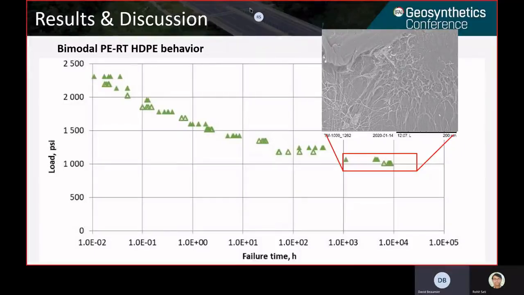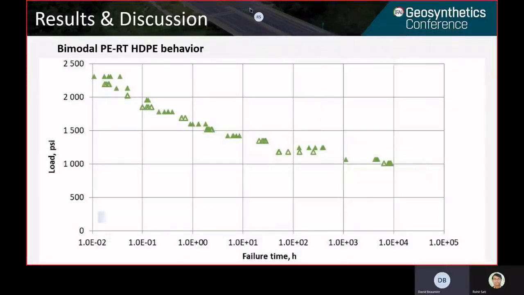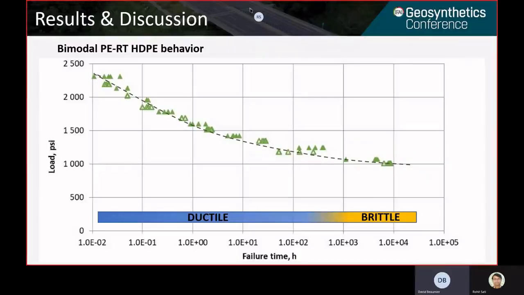But the main difference is that you don't have this elbow that we had previously with HDPE, and that is well documented in the literature. Basically the points are likely aligned with what we observed in the ductile behavior, and this leads to a maybe more predictable brittle behavior of this PE-RT HDPE.